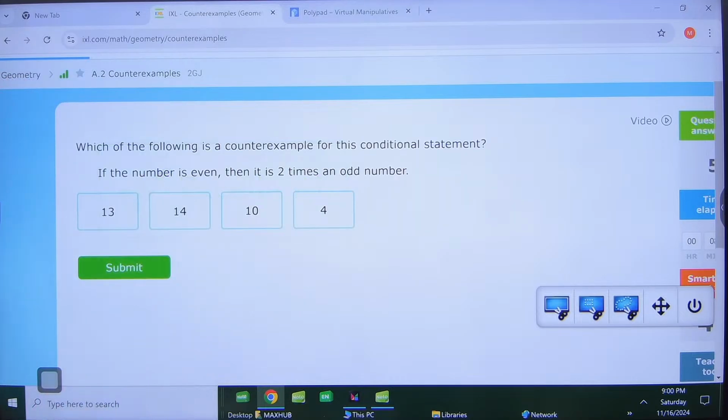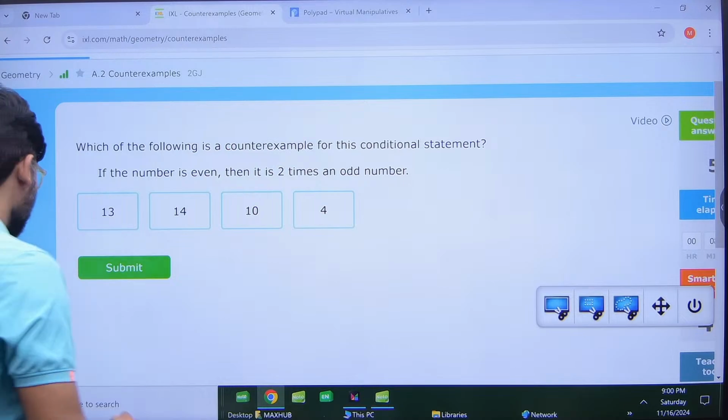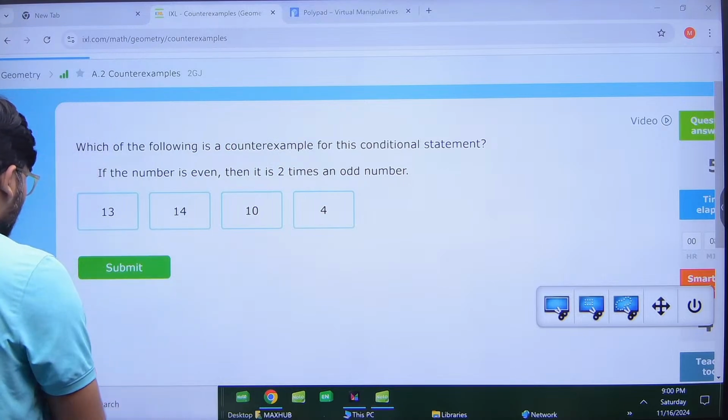If a number is even, then it is 2 times an odd number. Ten. No, huh? 10 can be written as 2 into 5.